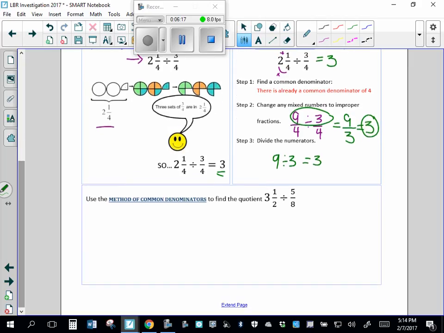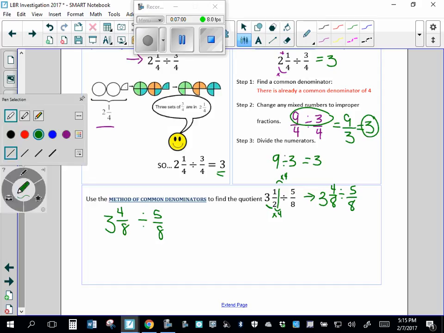Then we have this problem also on your note catchers. Step 1, find a common denominator. So I'm going to change 1/2 to 8ths. And this becomes 3 4/8 divided by 5/8. Step 2 is change 3 4/8 to an improper fraction.